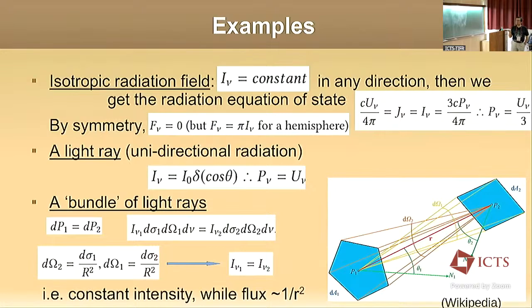Well, if you do the same for flux, you need to do a different integral, and if you do that, you get the usual expression that flux goes as 1 over r squared. So flux diminishes over distance, because it gets spread out over a bigger and bigger sphere, while intensity along a ray is constant.